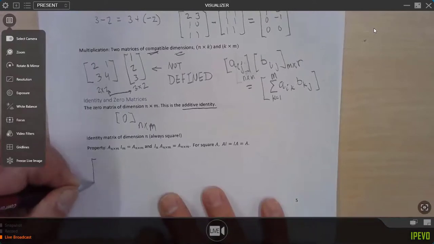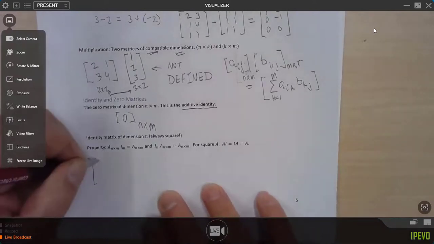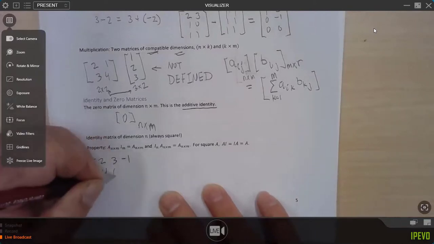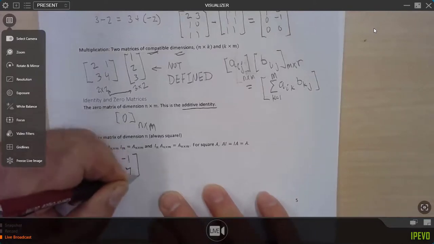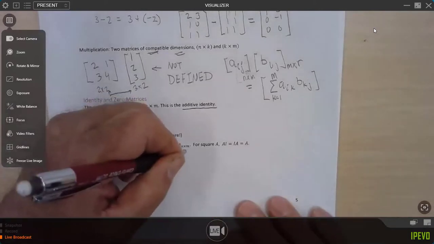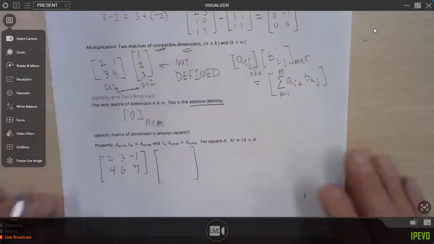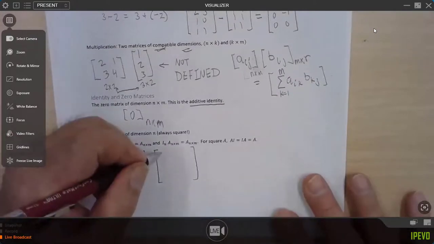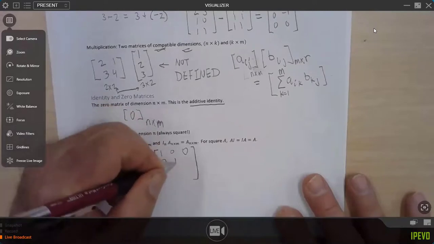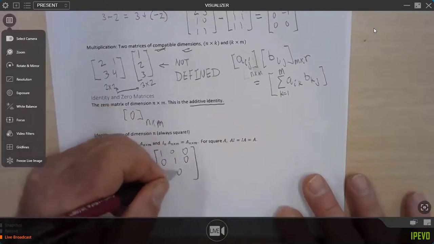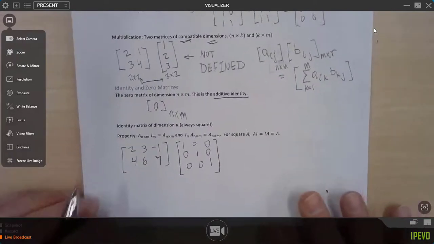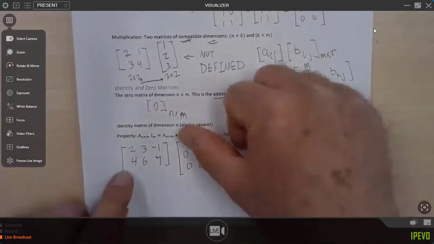And it's particularly simple. So what I'm going to do is just show you one, and then you'll see it. Then I'll give you a formal definition. What I'm going to do is put ones on the diagonal and zeros everywhere else. Now let's do the matrix multiplication.